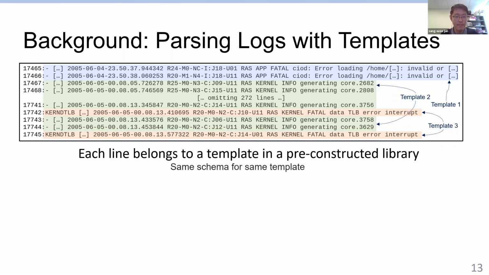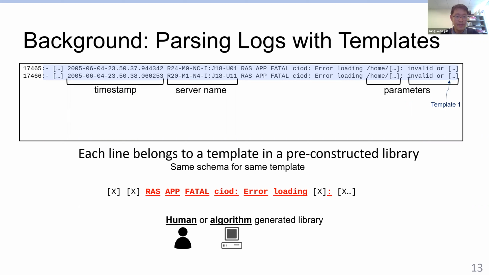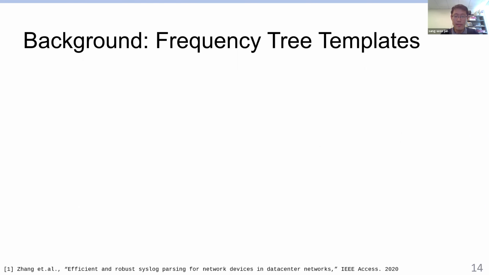For the same format string, each template will have the same schema, which can be expressed in terms of the existence or non-existence of tokens in which location. This library of templates will be generated either by a human expert or an algorithm. One of the useful template extraction algorithms is the so-called frequency tree template, and this is what we have focused on for the purpose of this work.